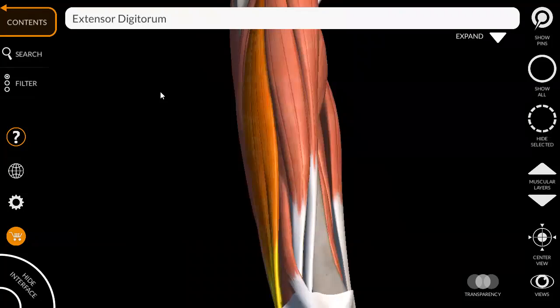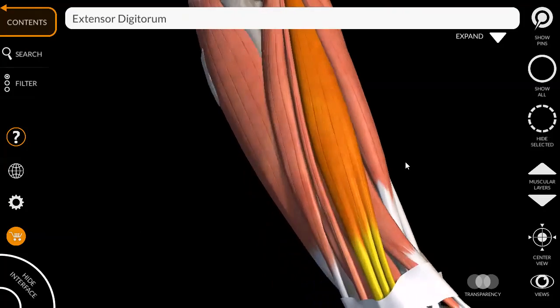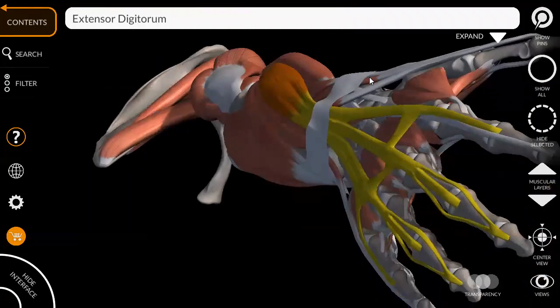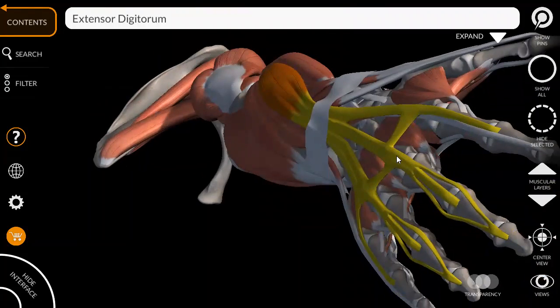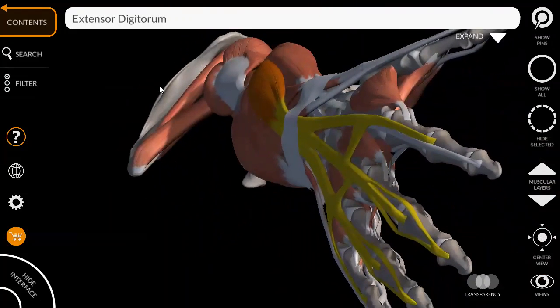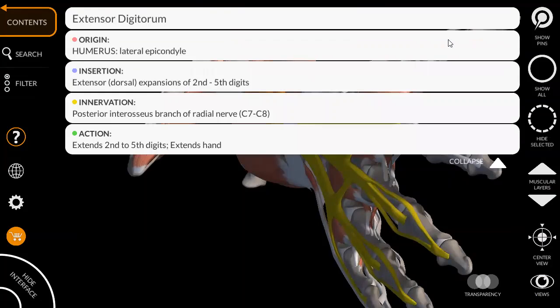Okay, and extensor digitorum extends your digits. You might imagine that if this one shortens, then your fingers will go up, like this. That is how it's named. So it extends the second to fifth digits, excluding your thumb. The innervation is the radial nerve.